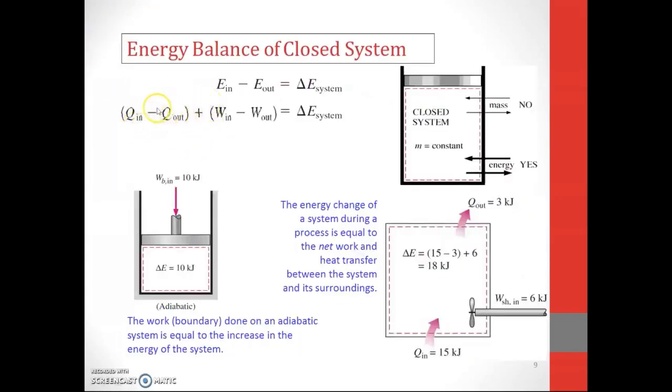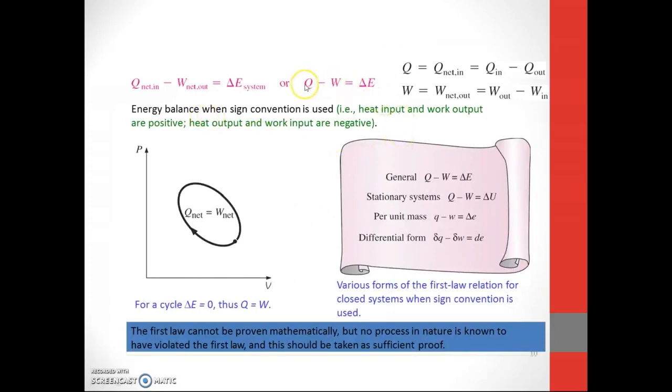Just now, Q in minus Q out, so this is Q net. This one is plus, right? But since our work net starts with work out minus work in, this one is going to be negative. That's why we have this. Q net in minus work net out. So initially, it is delta Q, Q in minus Q out plus work in minus work out.